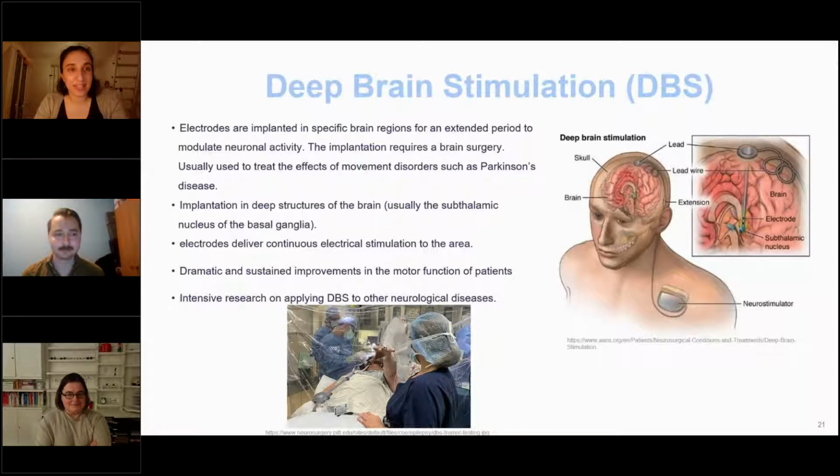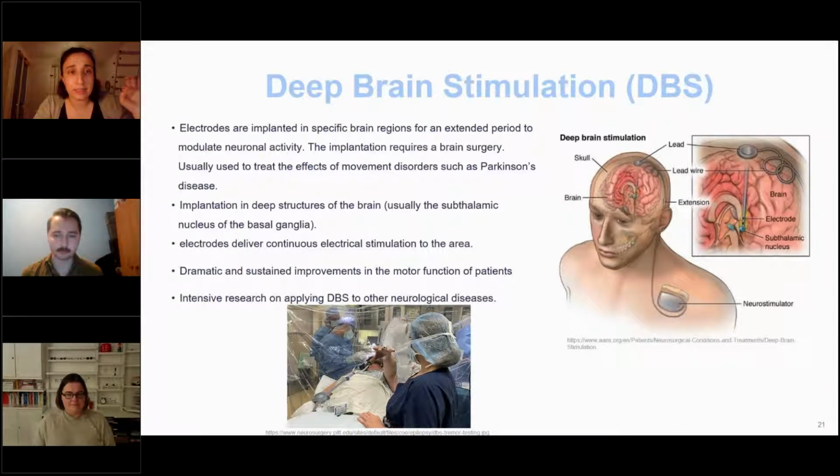And one of those techniques is deep brain stimulation, which is usually done in patients with movement disorders, such as Parkinson's. And it involves an electrode which is implanted deep into the brain, hence we call it deep brain stimulation, and it can be turned on and off and modulate neuronal activity.